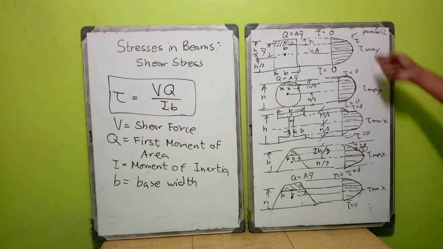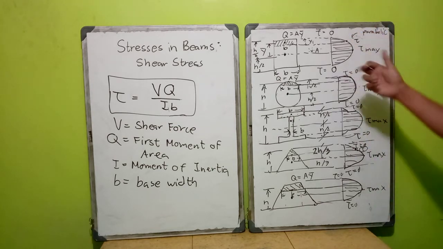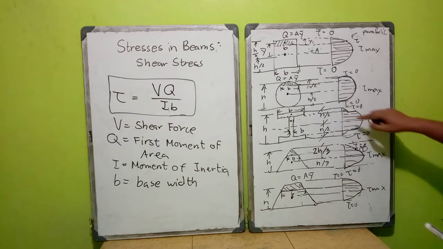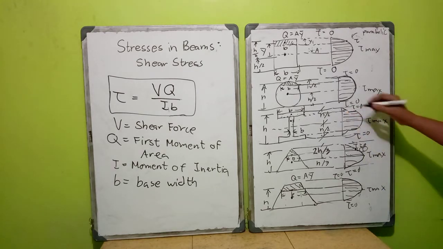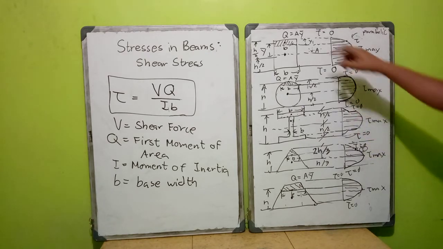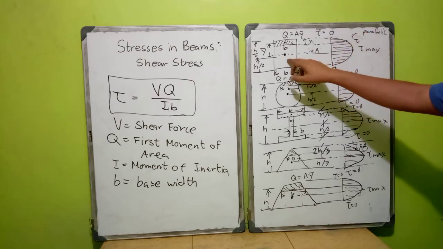I explained this to you so that you will understand better how the stress distribution will be according to the shape of your cross-sectional area, and how you can deduce the shape of your shear stress distribution, which is parabolic in shape when it is a rectangular beam.